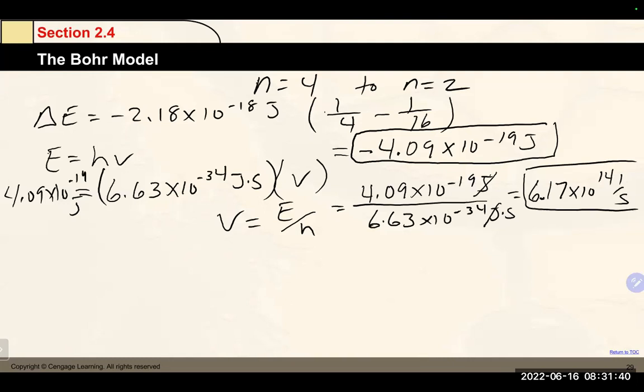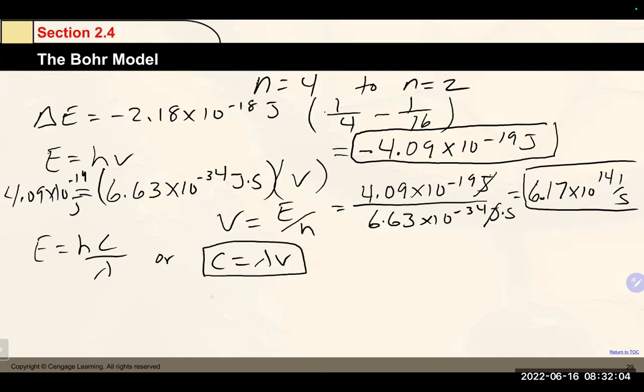At this point, now that we have our frequency, you have really two options. You could go back into this equation and use it like we did on the first one to find the wavelength. Or you could also use this equation here and solve for the wavelength. They both should give you the same answer, regardless of which way you go. Since we mixed it up, we'll go with this way this time.